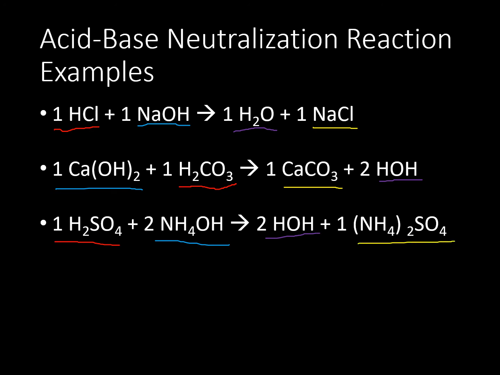And our neutral salt will not have hydrogen or hydroxide as the first or last thing. So you'll notice that this does have the H in it for the ammonium, but it is not by itself. It is attached to that N, and that's what prevents it from being hydrogen or hydroxide ions. Because remember that NH4 will act as a polyatomic ion, so it'll act as one thing.